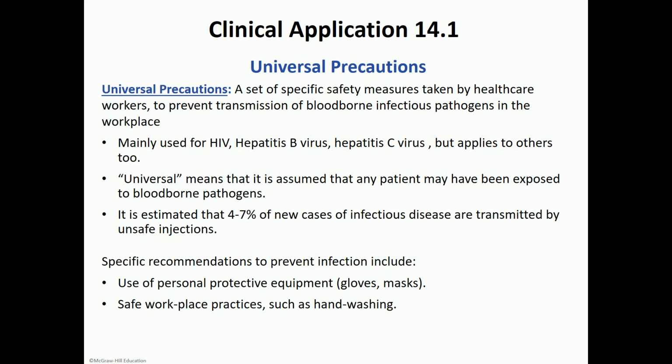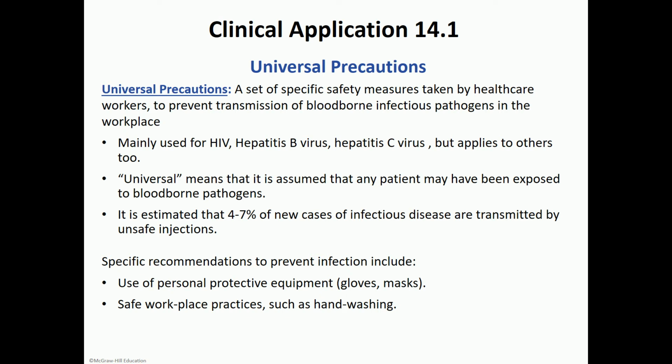Now, since we're going into the field of healthcare, you want to be familiar with these universal precautions. Universal precautions are a set of safety measures that every healthcare provider would have to implement to make sure that they are not transmitting blood-borne infections in the workplace.